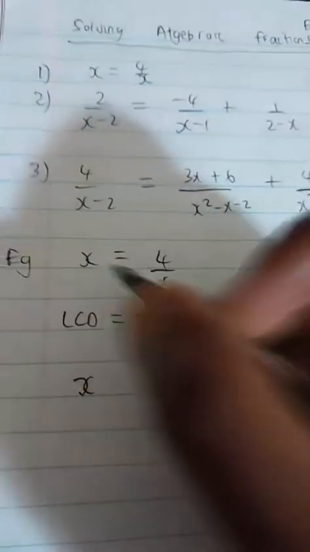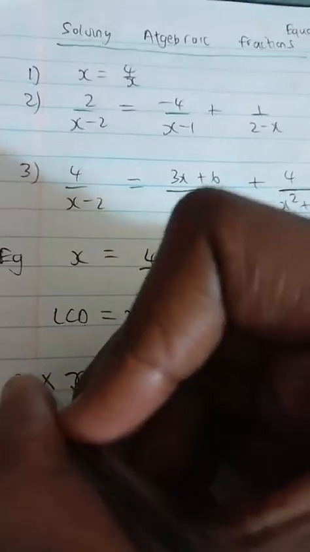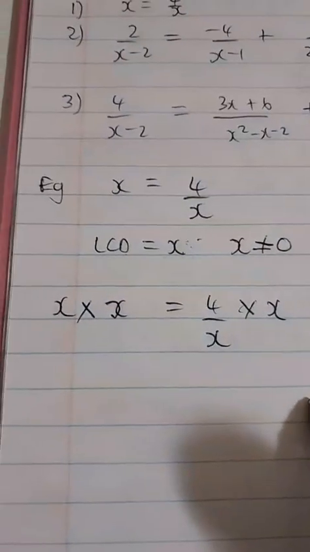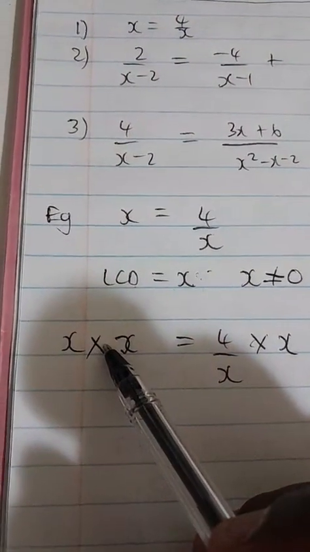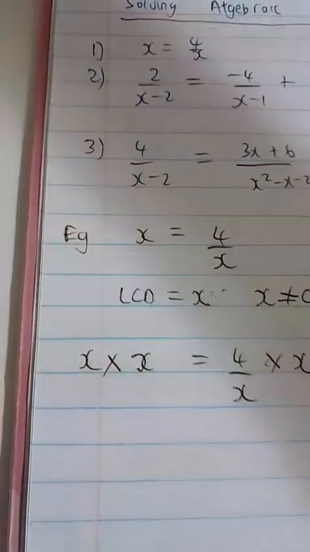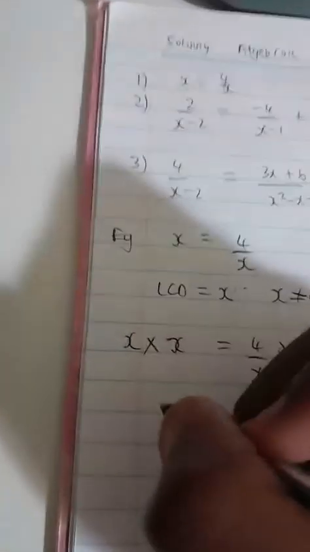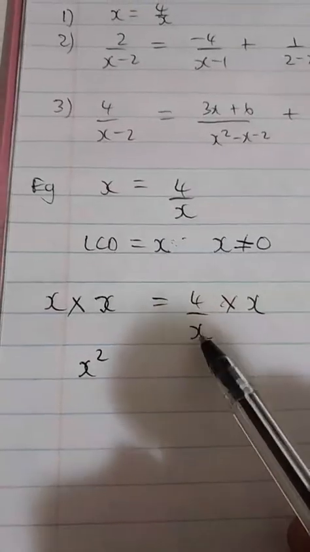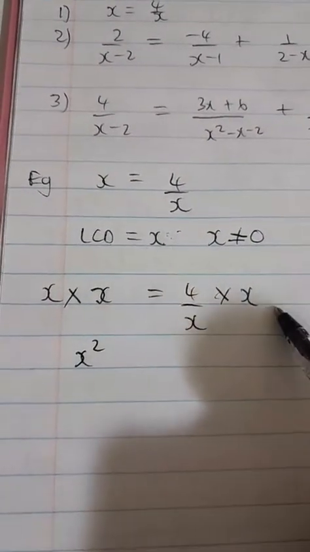Let us go. There's the x that was there equal to 4 over x. So what we do, we multiply this side by x. But we also multiply the other term that we have also by x. So x times x on the left will give me x squared. 4 over x times x will give me what on the right side?